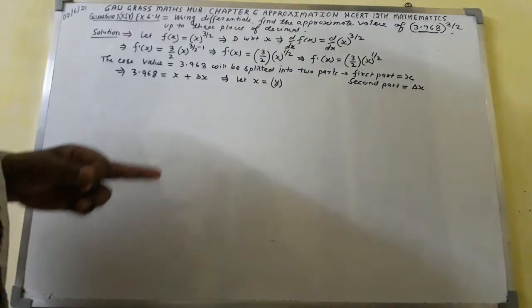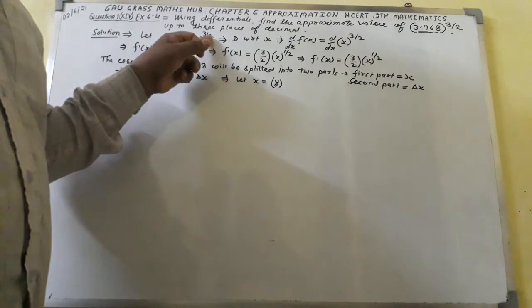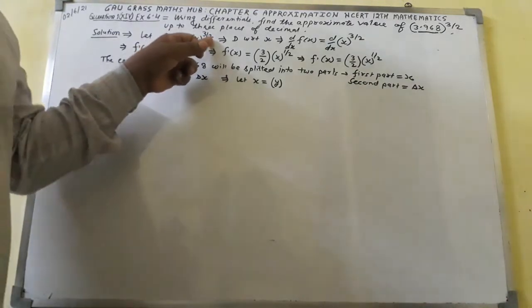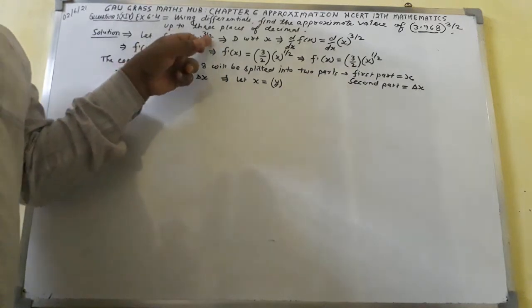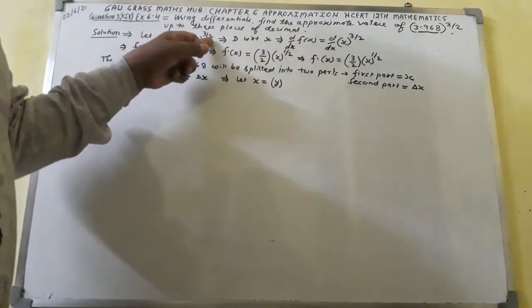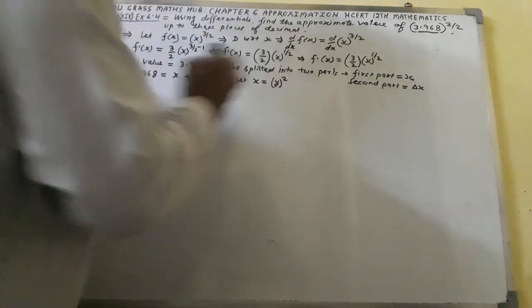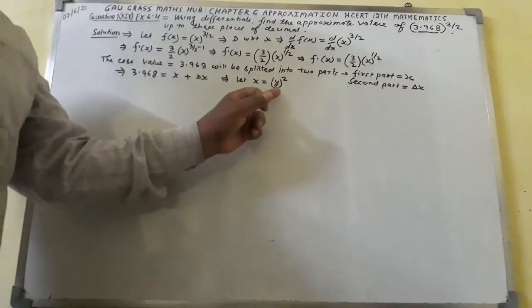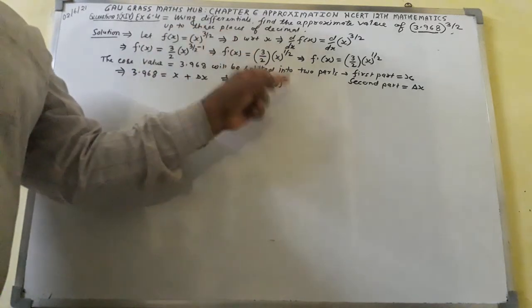Here you can see in the original function 3/2 is there, which is a fraction. From this fraction I shall take only the denominator. The denominator here is 2, so the same 2 will be reflected here as the index. x equal to y whole squared. These two will be fixed.